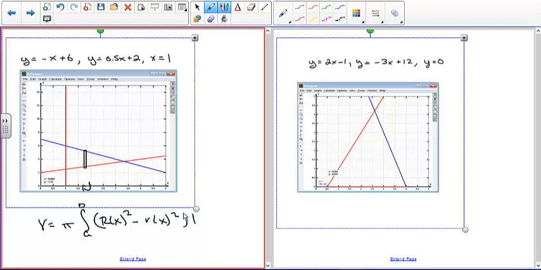So that tells me, okay, I need to know what my x limits of integration are, which are going to be 1 and something between 3 and 3.5. You'd actually have to solve for that point of intersection.